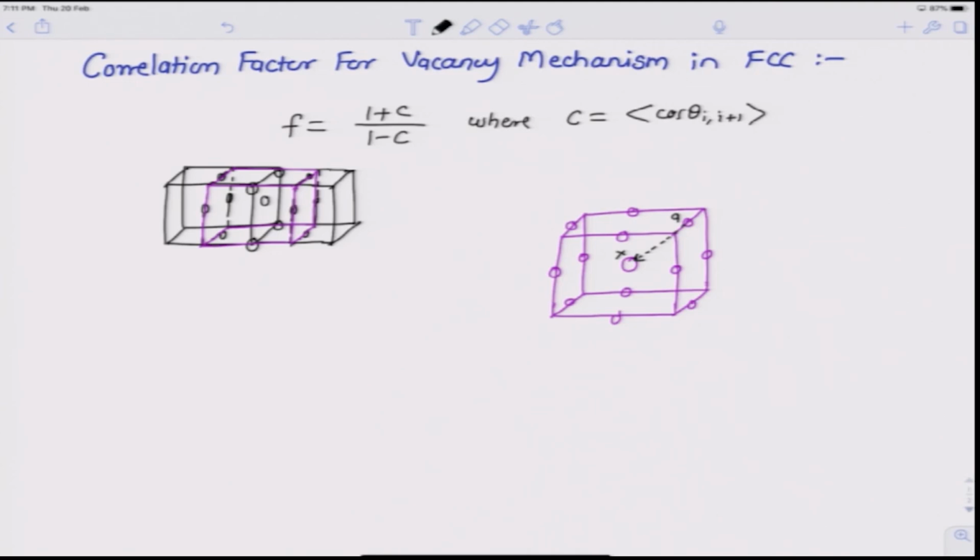So, for example, one class contains only one atom A and it makes an angle of 180 degree with A x. The other class contains 4 atoms of type B and they make an angle of 120 degree with A x. Then we have type C which make angle 90 degree, type D making an angle of 60 degree, and type E making an angle of 0 degree.